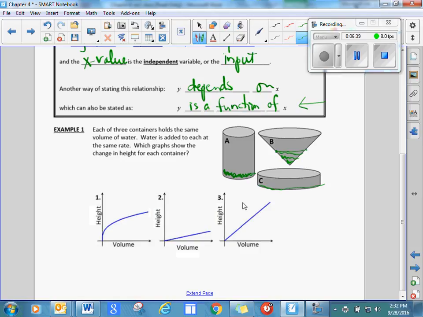If you think about what's happening in graph number 1, the volume goes up, and the height goes up really quickly. You can see that right here. And then it goes up some more, but it begins to level off, level off, level off. The next one, the volume increases and you're filling the water, but the height's not rising hardly at all.